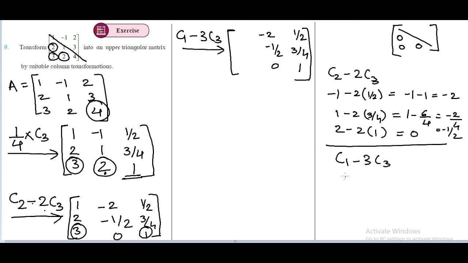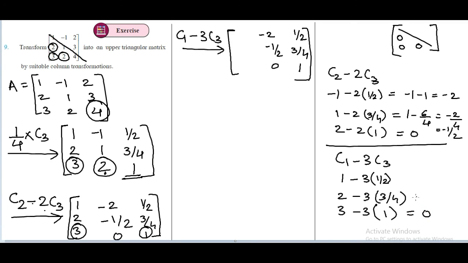What are the elements of column 1 now? 1, 2, 3, minus 3. What is the element of column 3? That is 1 by 2. That is 3 into 3 by 4. And here it is minus 3 into 1. Okay, so the last element will become 0.